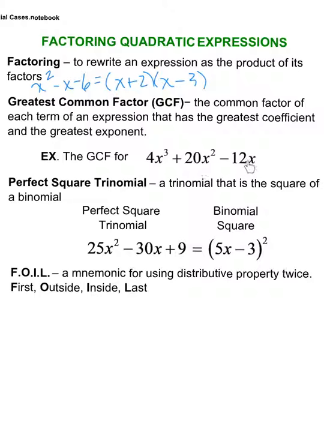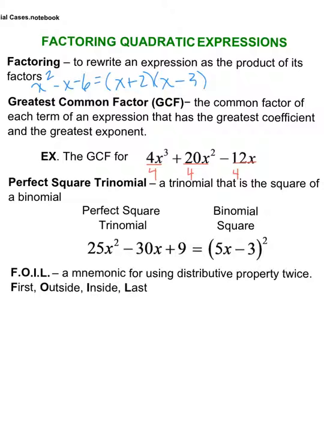So looking here, as you look at the numbers, all three of these numbers, we can take out a 4. So I'm going to divide them all by 4. And in addition, you can take out an x, just one x, and take away the same amount of x's from all of them. The reason why I can't take away 3 x's is because this doesn't have 3 x's to take away, and neither does this one.